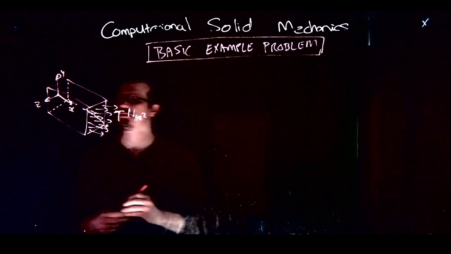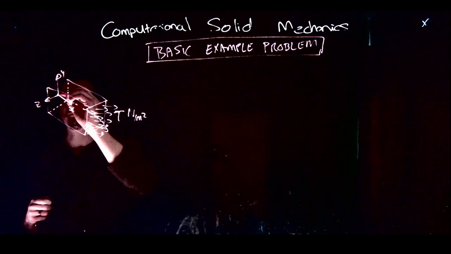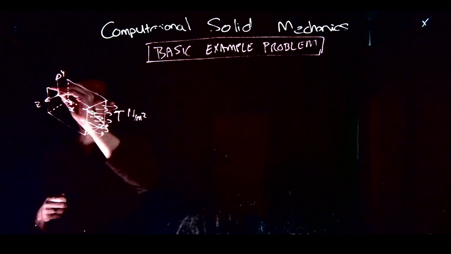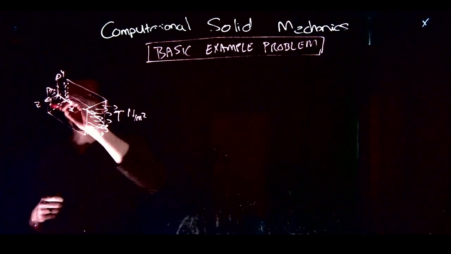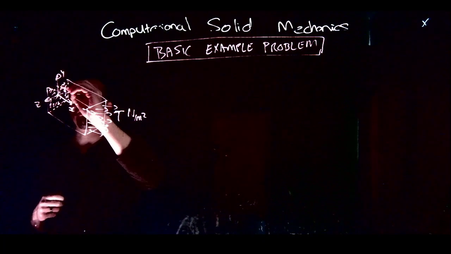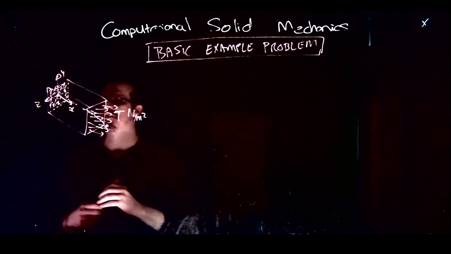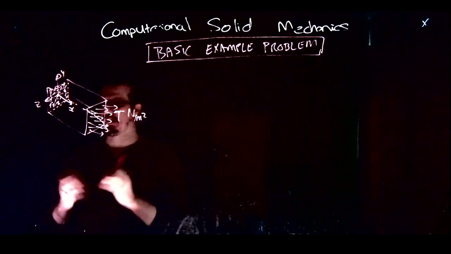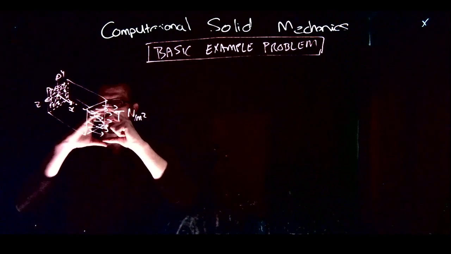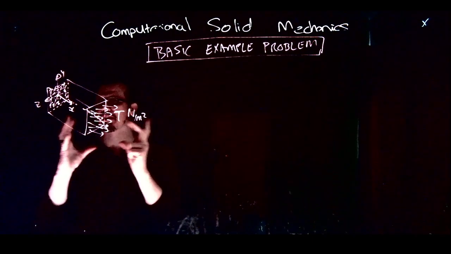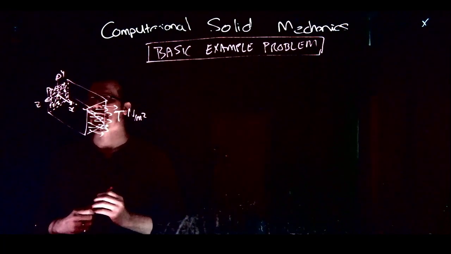Right at the back, this plate is completely fused, completely clamped at the back. So we've taken this prismatic bar and made sure that it cannot do any Poisson's contraction or anything like that. It's really just completely welded shut at the back.